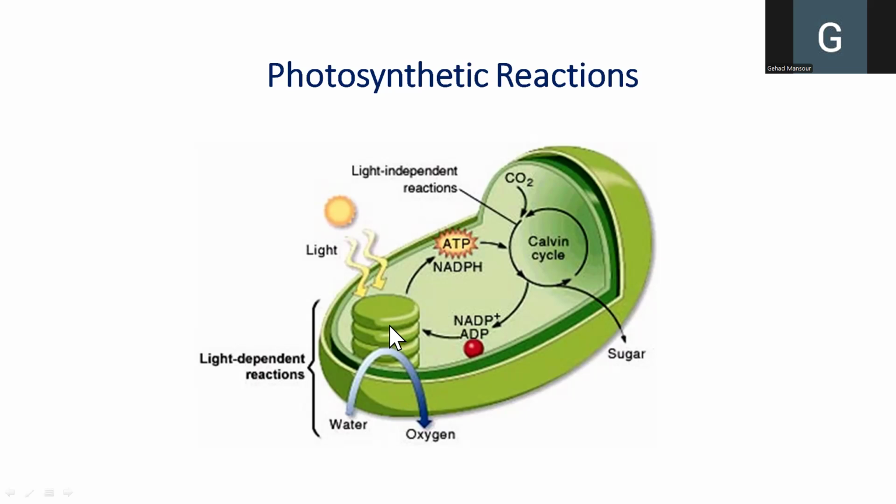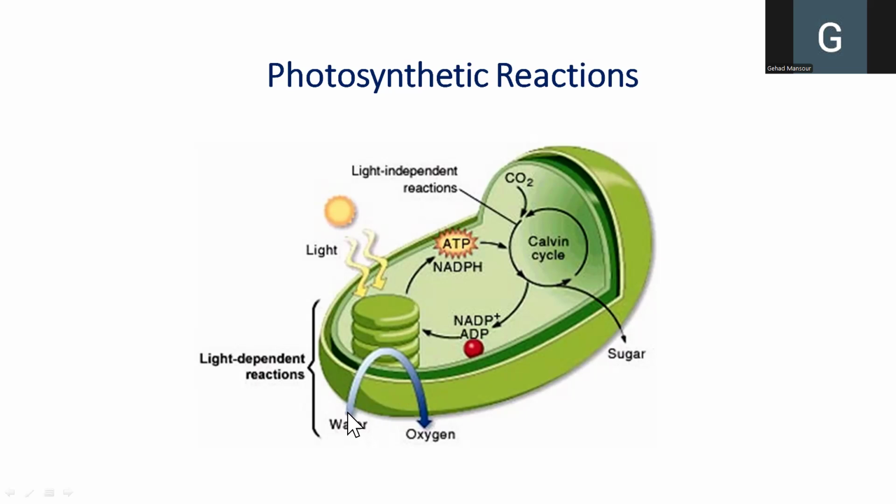and meanwhile, there is a splitting of the water molecules. And this splitting, we will be talking about later on, is called photolysis, because photo means light and lysis means breakdown.